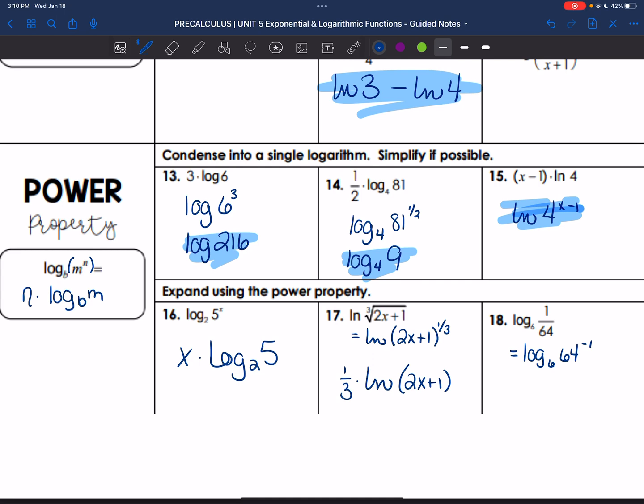Then last of all, we can go ahead and bring that exponent and multiply it out in front.